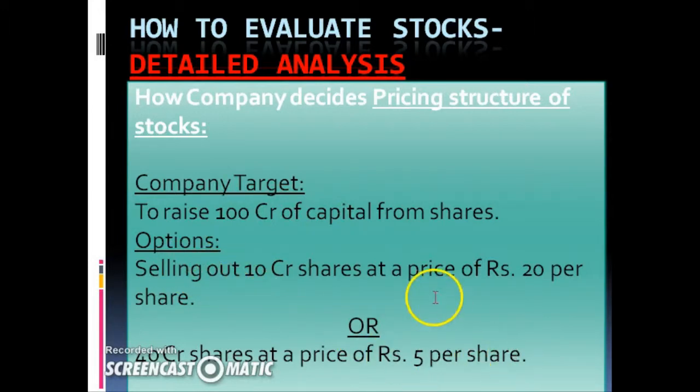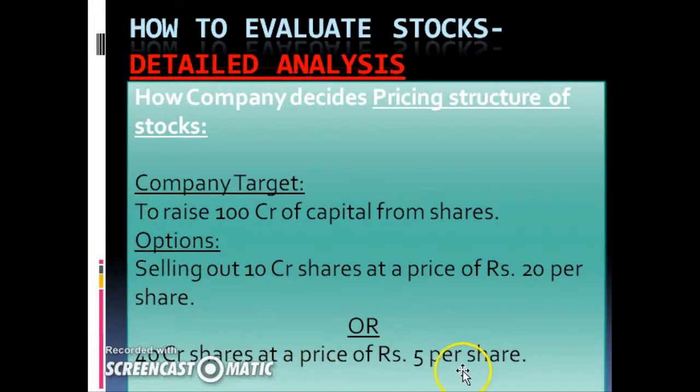You might have a perception that the company with 20 rupees per share has more value, while the second option says 5 rupees per share. So we might go for 20 rupees per share, but that is a wrong perception, because the company is ultimately going to achieve its target with either the first option or the second.